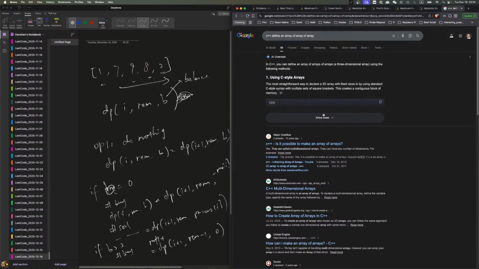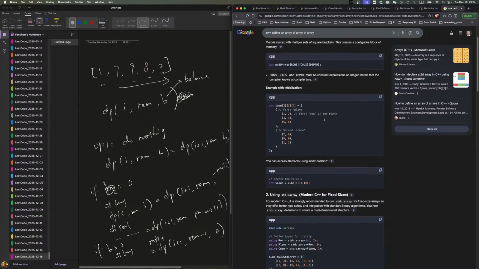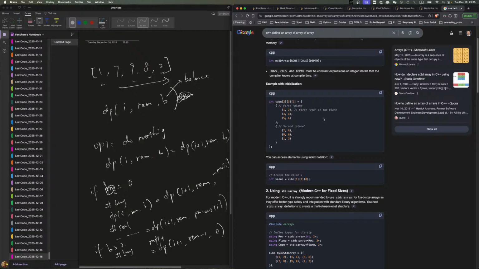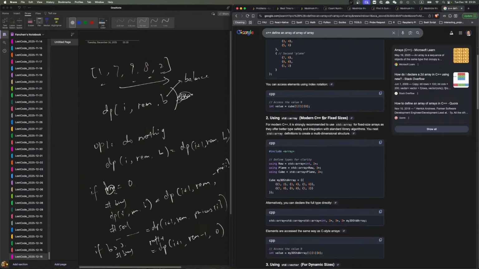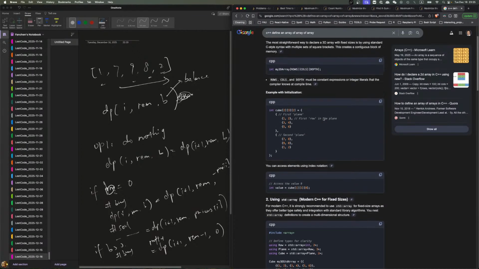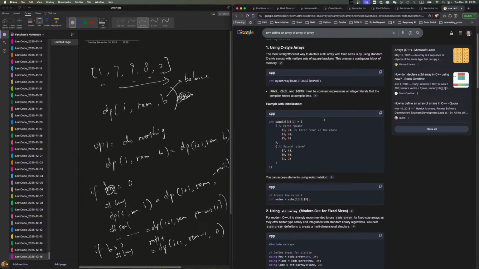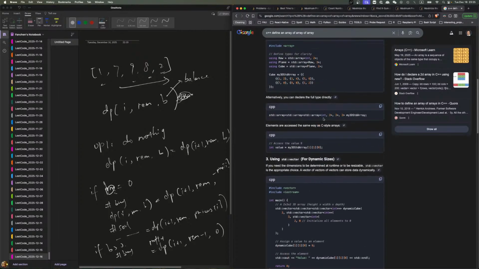Don't use vector. Yeah, we don't need dynamic size.